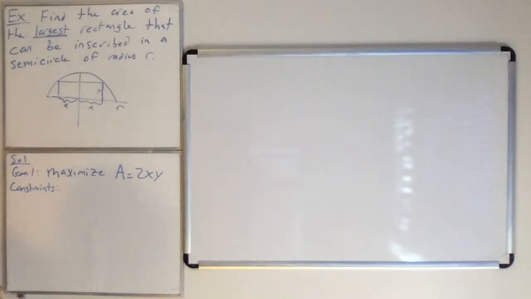What are the constraints? Anybody have any ideas? Let's say this was on a test or a quiz, and you're looking at it. What would you do to just guess? And it's okay. Wrong answers are fine. Makes me see that you're trying. One half pi r squared.